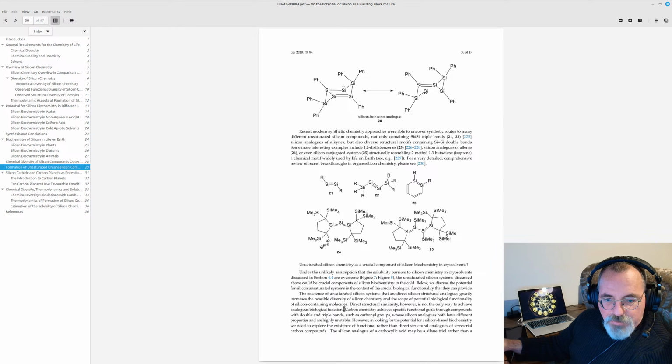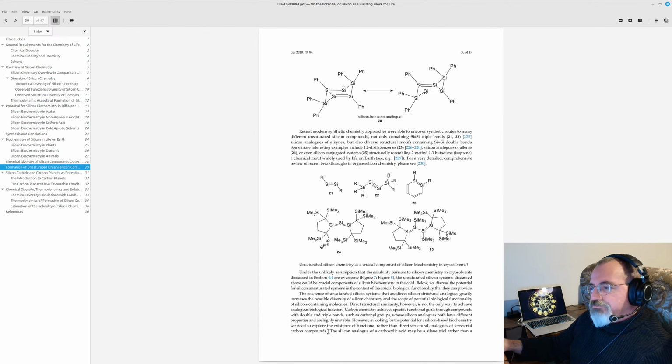Back to silicon biochemistry. Silicon chemistry achieves specific functional goals through compounds with double and triple bonds, such as carbonyl groups, whose silicon analogues have both different properties and are highly unstable. However, in looking for the potential for a silicon-based biochemistry, we need to explore the existence of functional rather than direct structural analogues of terrestrial organic compounds. I think they've actually made this point before.